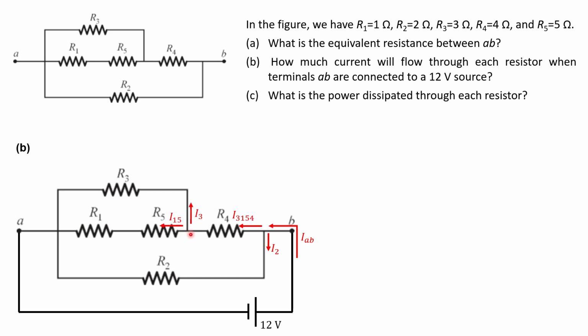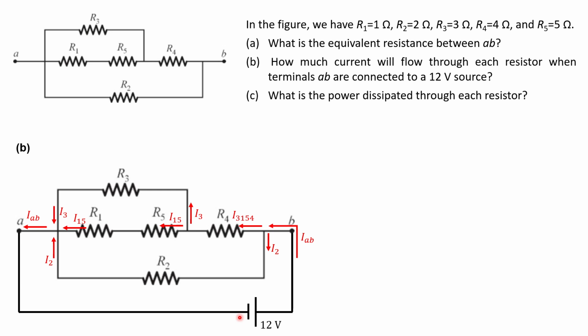Well, it's going to again split into two. Current is going to go through R3, and the current is going to go through R1 and R5. And what happens at this junction? Well, at this junction, current from here and current from here will all combine to give us back our current I sub AB, right, which then goes into the battery.